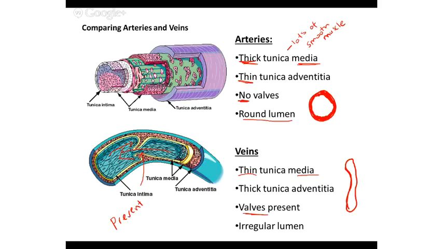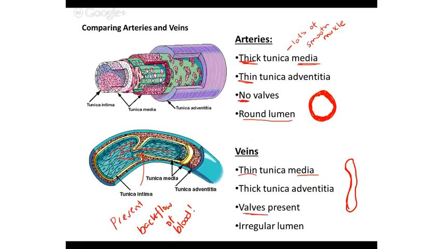They prevent backflow of blood, so they're really important structures to make sure that the blood in the veins keeps coming back towards the heart, even though it's fighting against gravity coming up from the legs. It has to keep going in the right direction. Remember, valves in the heart help keep blood going in the right direction too.